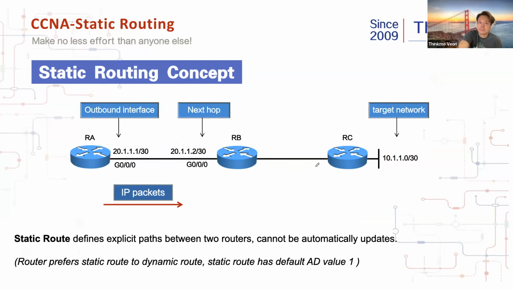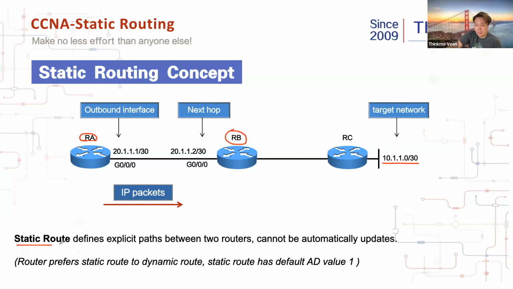So static route. The static route concept, we use the same diagram here. If router A needs to send the packet to 10.1.1.0/30, router A will be manually configured with a route that points to router B as the next hop, with the destination 10.1.1.0/30.